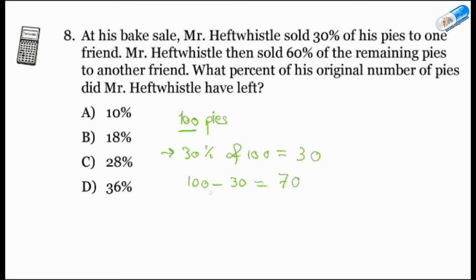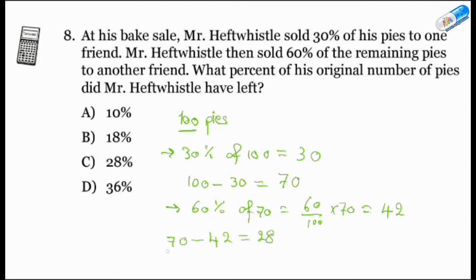After that, he sold to another friend 60% of the 70, and this is equal to 60 over 100 times 70, that is equal to 42. So he sold 42 to his other friend, and he is left now with 70 minus 42 equals 28.